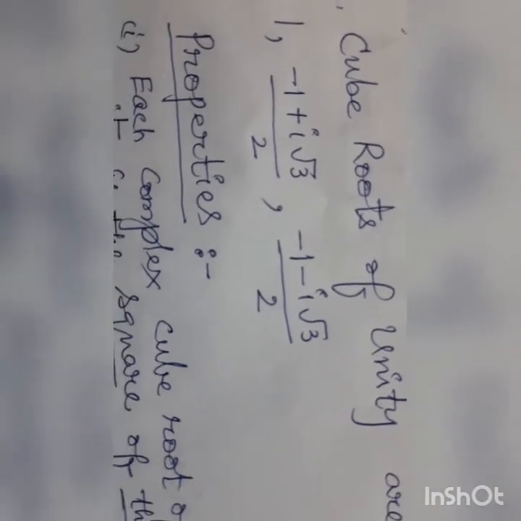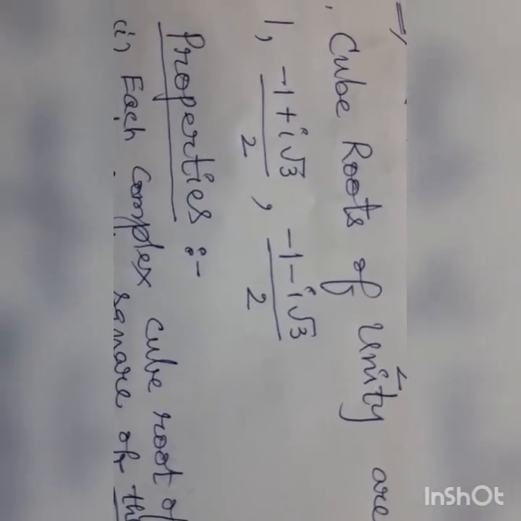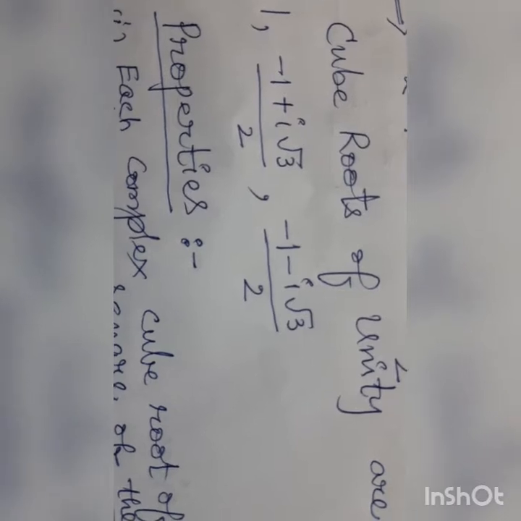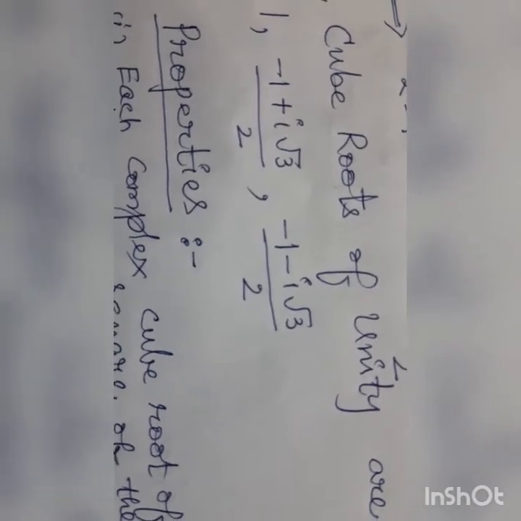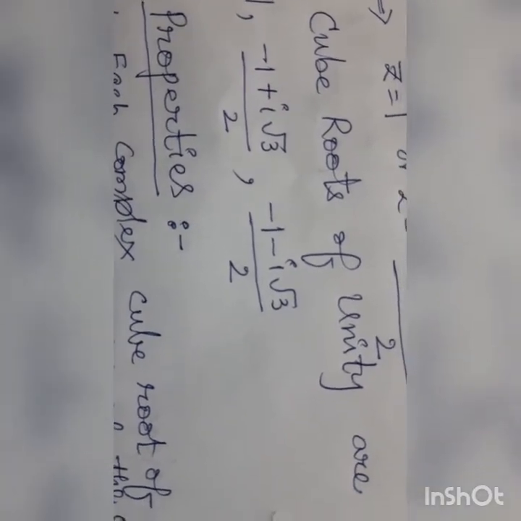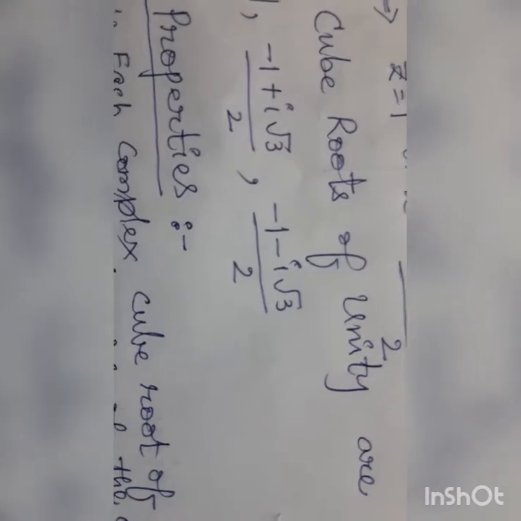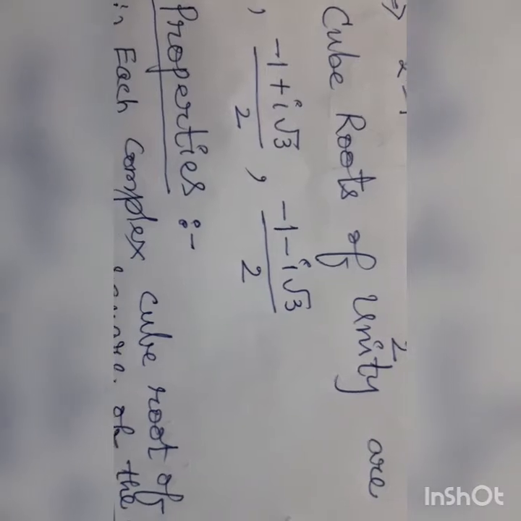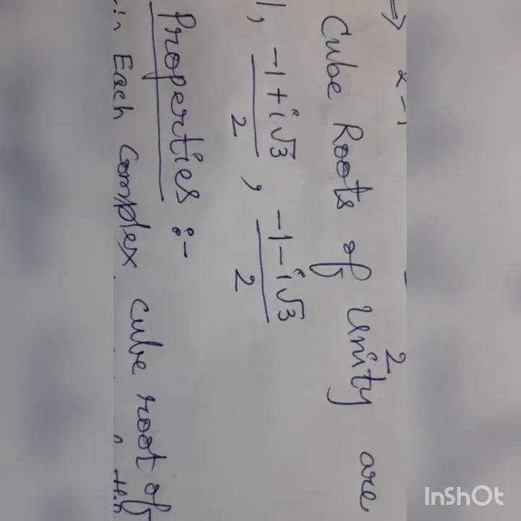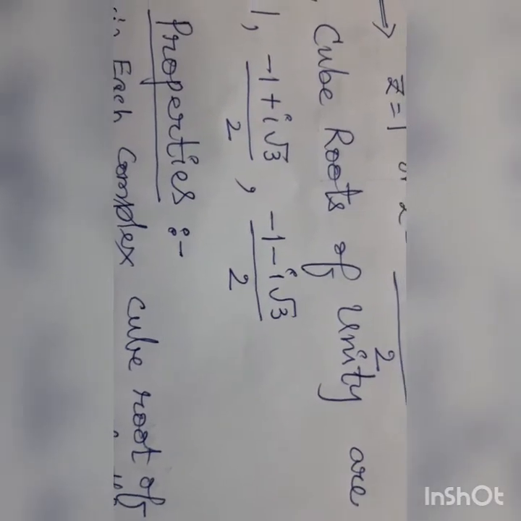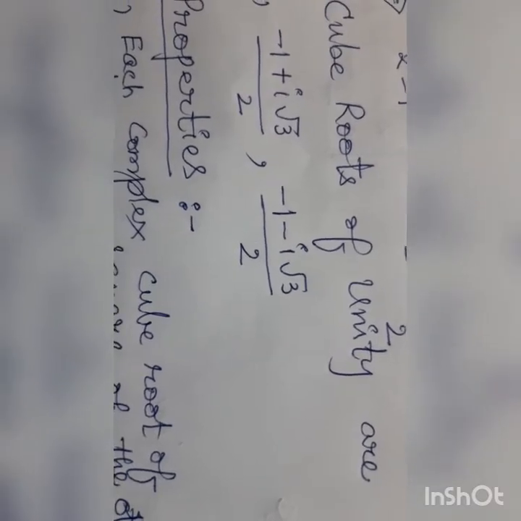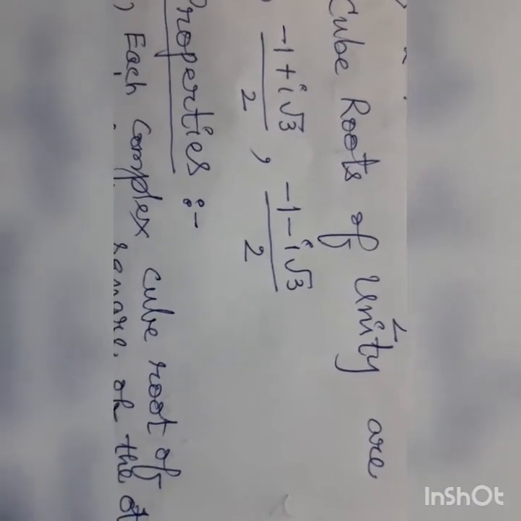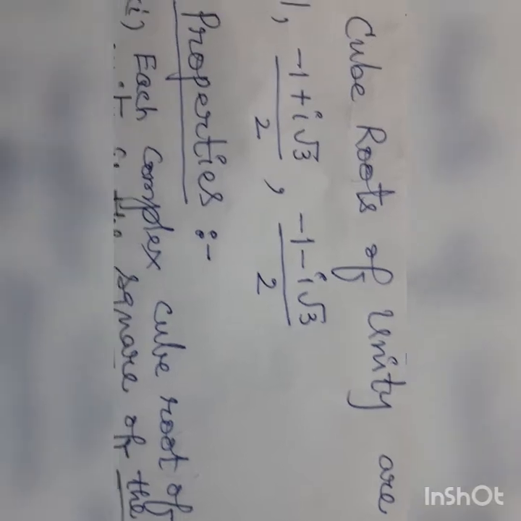If you take (-1 + i√3)/2 and square it, you will get (-1 - i√3)/2. If you take (-1 - i√3)/2 and square it, you will get (-1 + i√3)/2. This is a good relation between two complex roots.